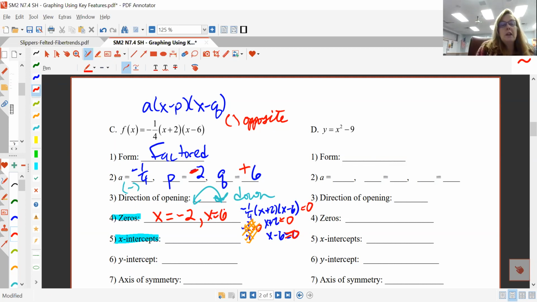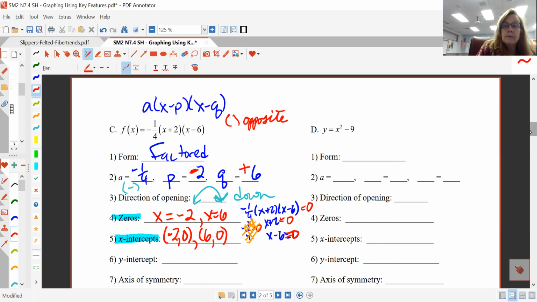So if I put -2 or 6 into my original equation, I would get 0 for my answer. Okay, these are my x values. That means my x-intercepts are (-2, 0), because my answer was 0, and (6, 0), because again, my answer was 0. So in factored form, start with the zeros and the x-intercepts, because they are definitely the easiest values to find.